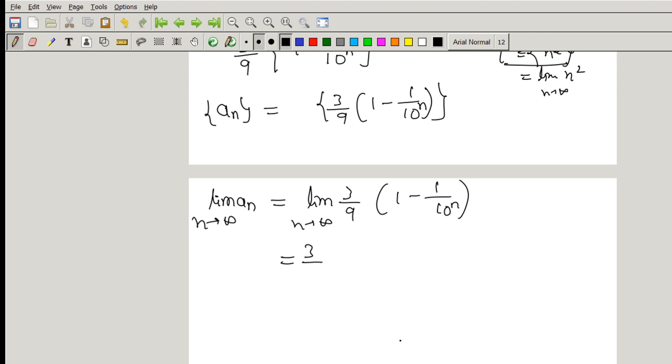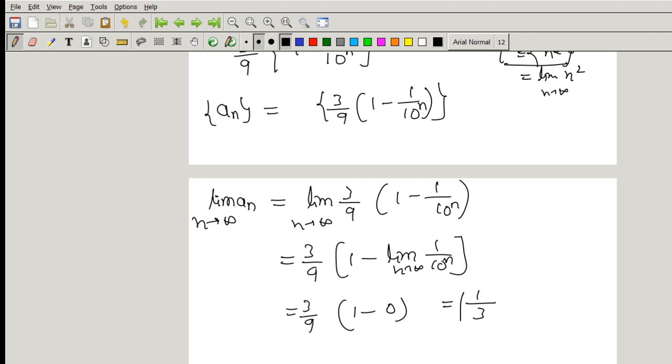This is 3 by 9 into 1 minus the limit of 1 by 10 power n as n tends to infinity. 10 power infinity is infinity, and 1 by infinity is 0. So we will obtain 1 by 3. So this sequence converges to 1 by 3.